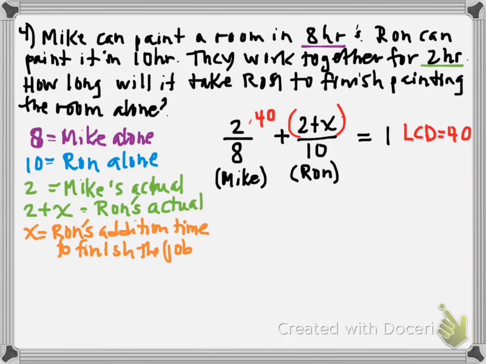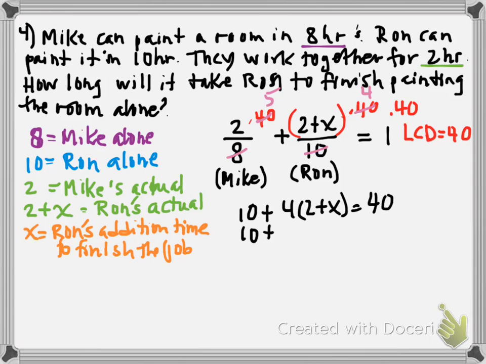And this is a quantity now. So 8 goes into 40 5 times, 10 goes into 40 4 times. So let's see what we're left with. We've got 2 times a 5, which is a 10. Now we've got a quantity here, and we've got 4 times the quantity, 2 plus x, equals 40.